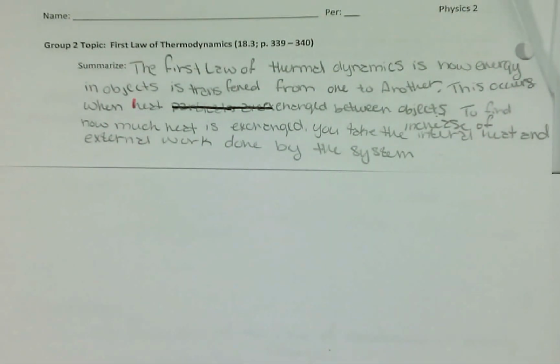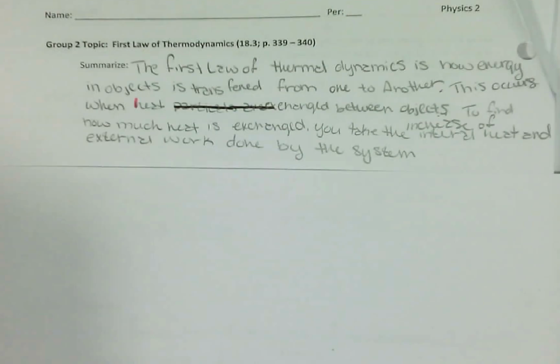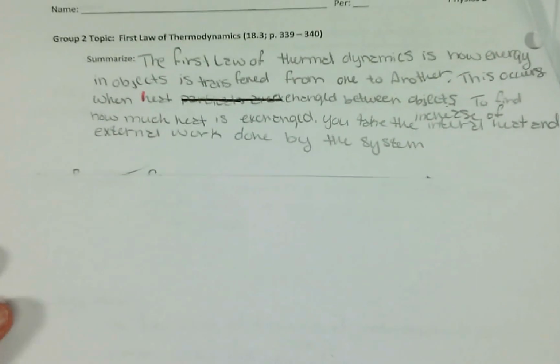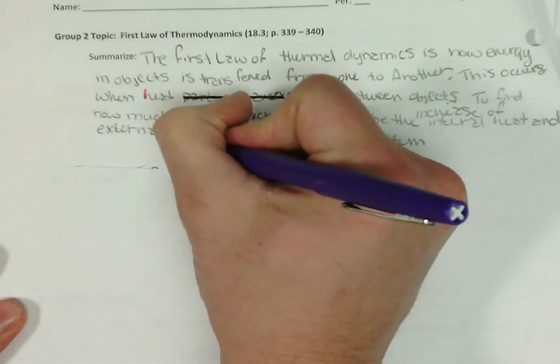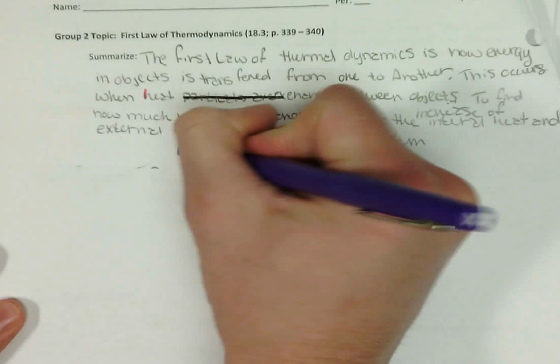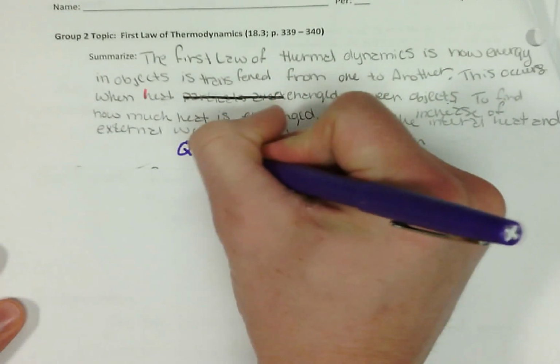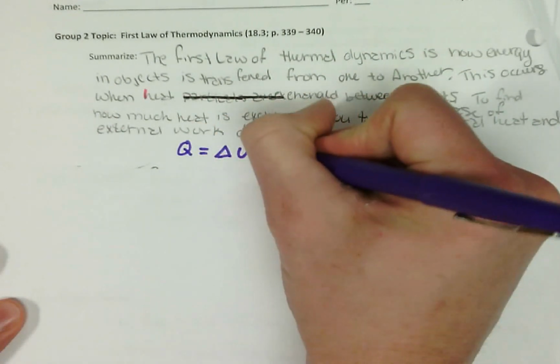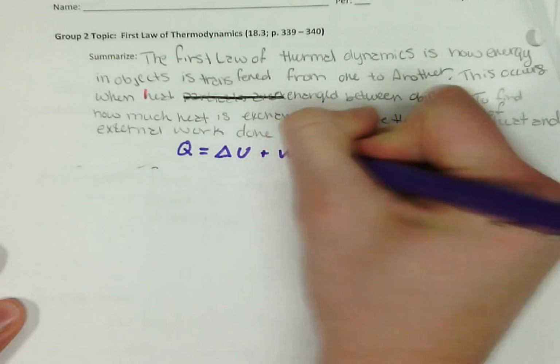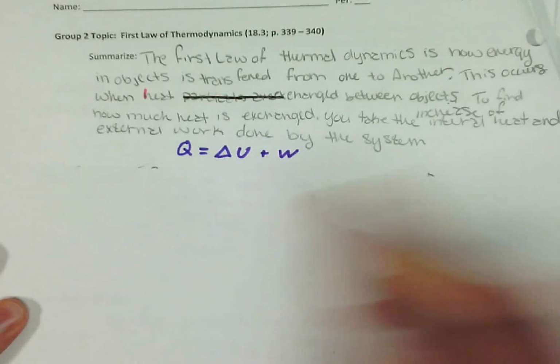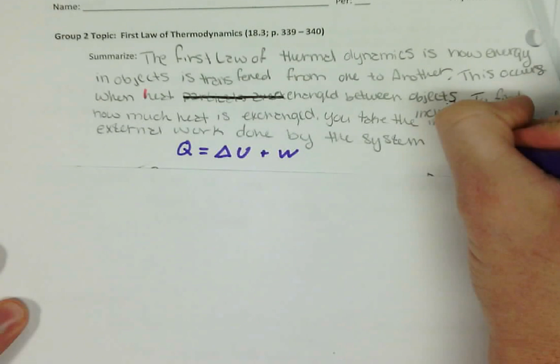There is an equation for this. I'm going to give it to you. Q equals delta U plus W. W is work.